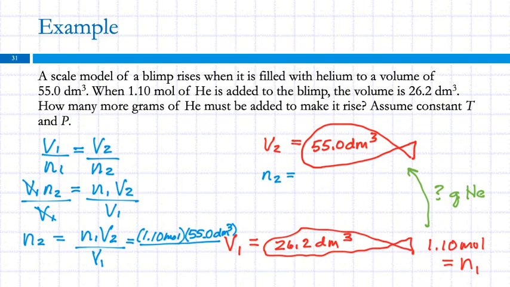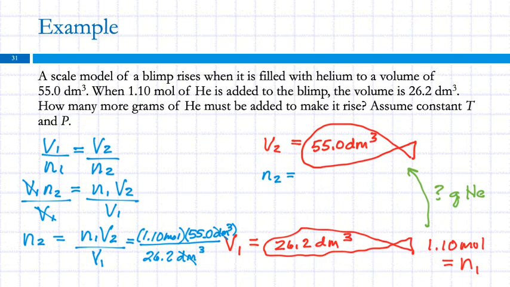V1 is this guy, 26.2 cubic decimeters. I'd like to be able to say I did that on purpose to illustrate something, but it was just screwed up. The cubic decimeters, which we were a little uncomfortable with, cancel out and go away. Yay. So if we calculate here, we get 1.1 times 55 divided by 26.2. And I did that wrong.